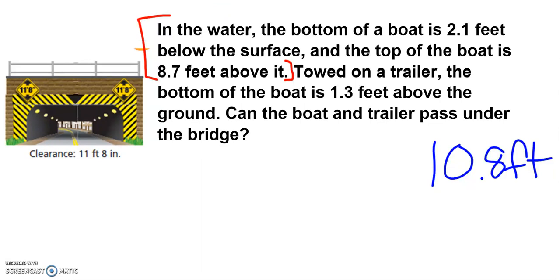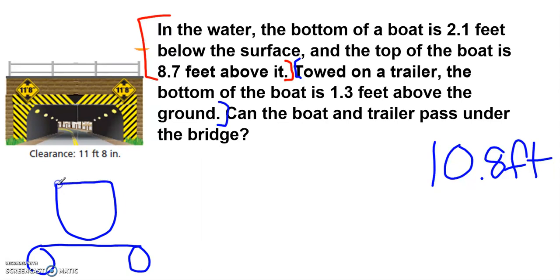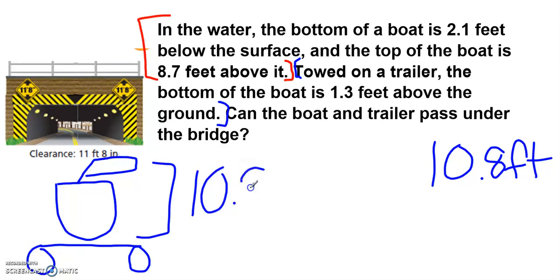Now we're going to talk about the other half, which is this. So here's our trailer. Pretend those are wheels. And then here's our boat on top of it, which we said the boat is 10.8 feet.